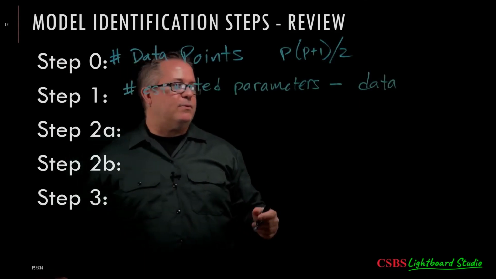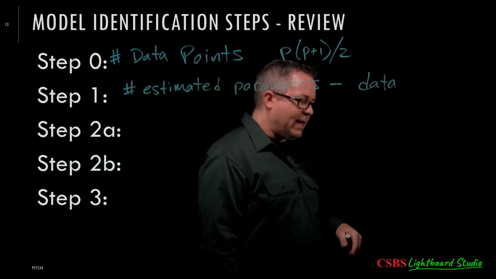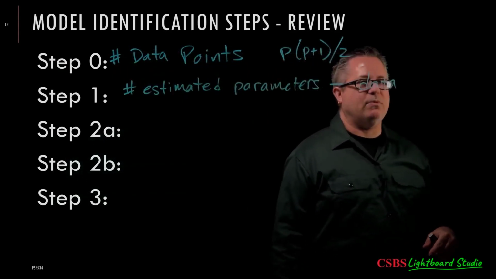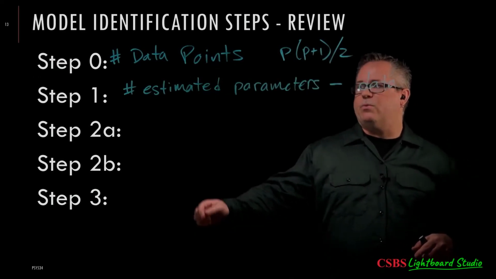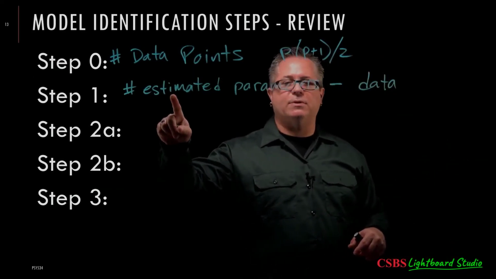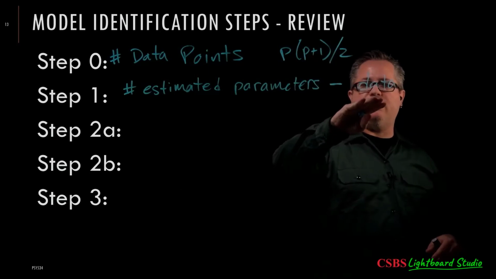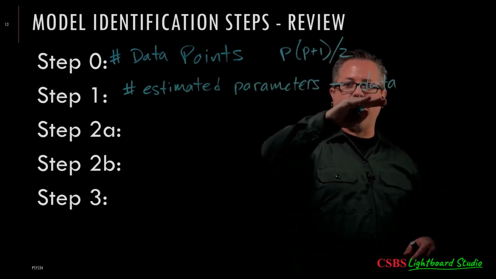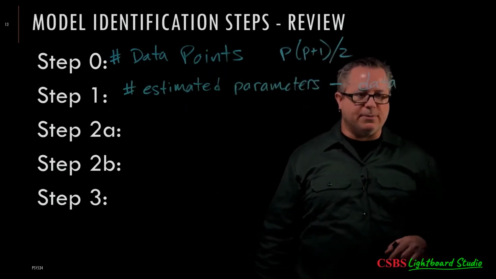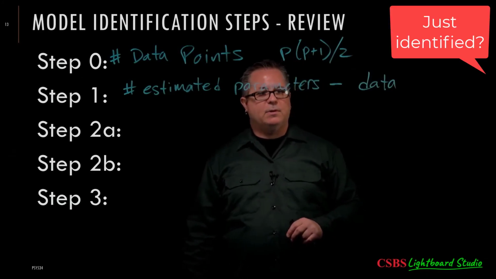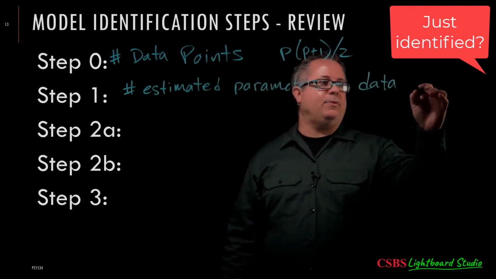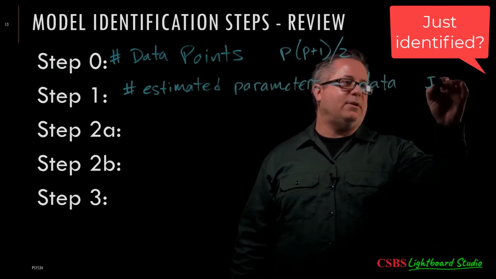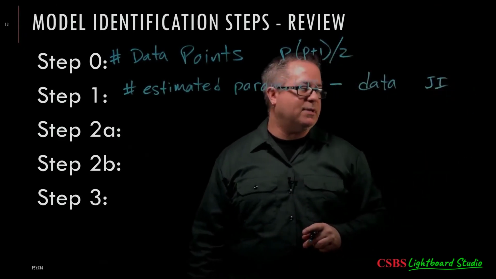And then we have those 3 categories. Remember what those 3 categories were? So what if your estimated parameters and the number of data points you have are the same, and when you subtract them you get 0? What's that called? Yep, so we have, let's call it just identified, JI, just identified.